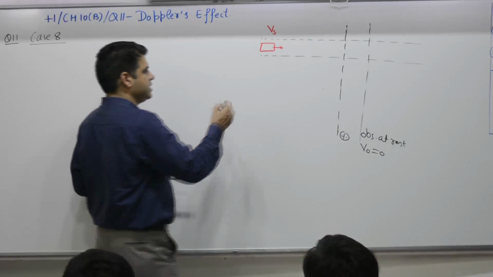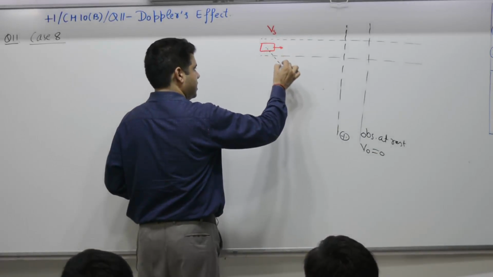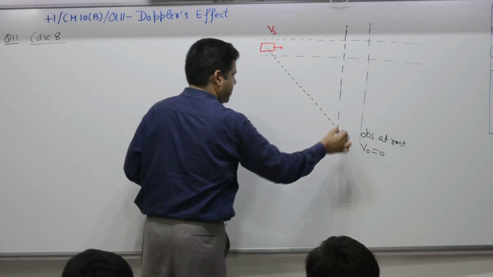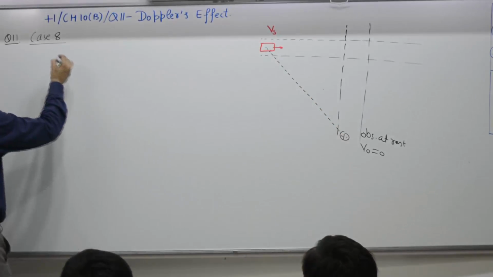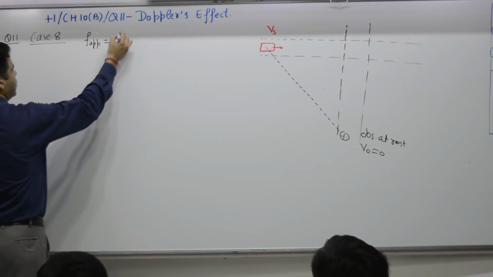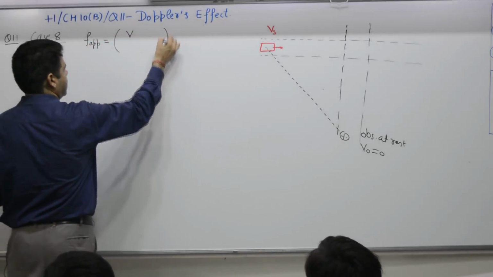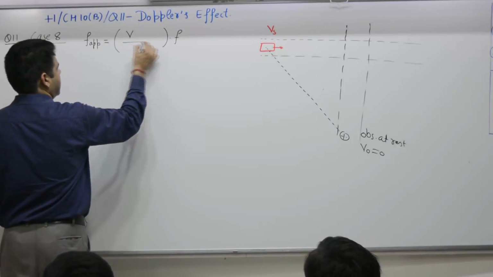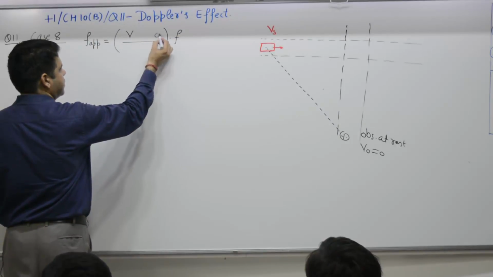So we have to analyze this part. What is the value of the apparent frequency? The formula for this is: apparent frequency is equal to, with the observer in the numerator, value is 0.